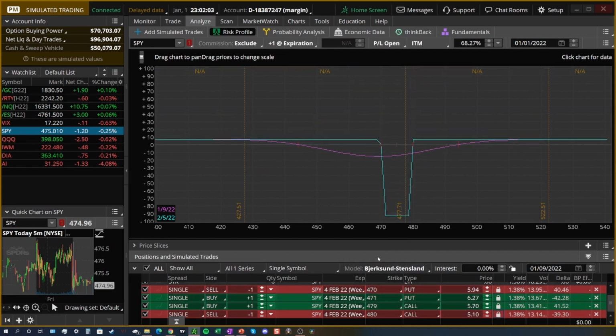So there we go. I've swapped around the orders to where we now have a non-range bound iron condor setup. And obviously this is not good risk reward, so I definitely wouldn't do this trade. But you can definitely see how you're just expecting the profit outside of those areas in that kind of situation.